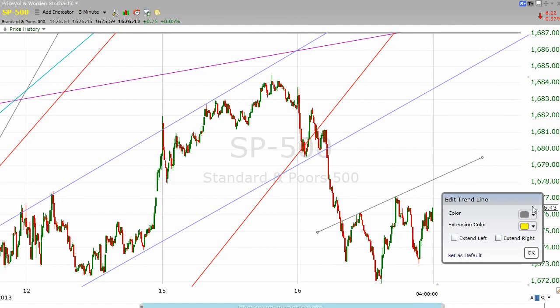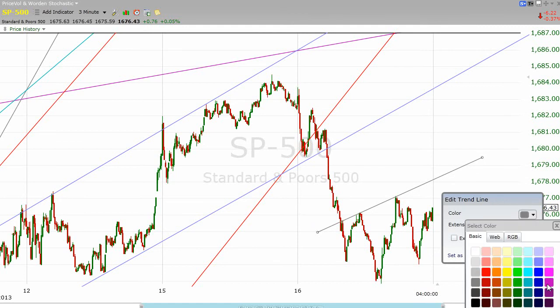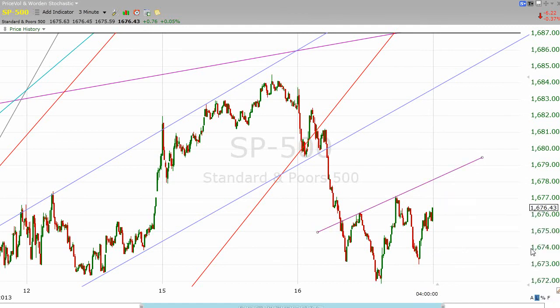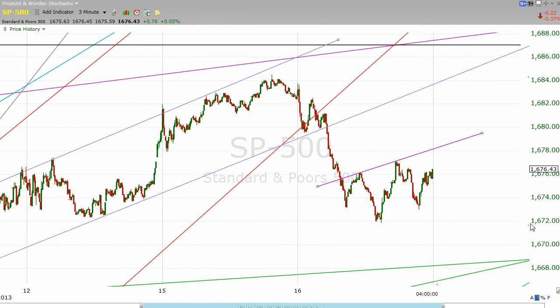Where we are either making a bear flag or we're making an inverted head and shoulders.